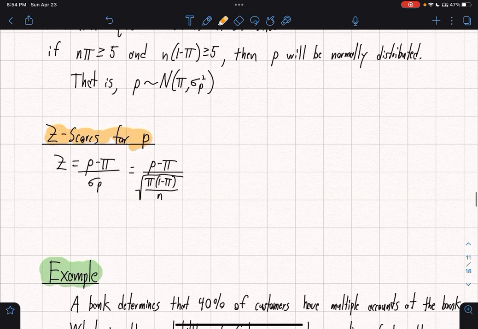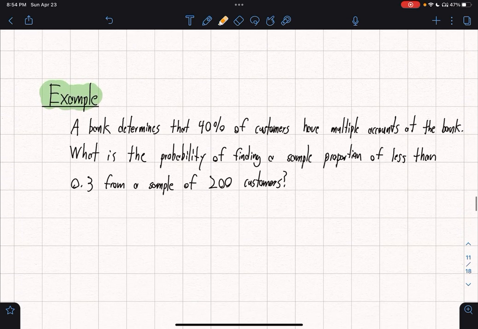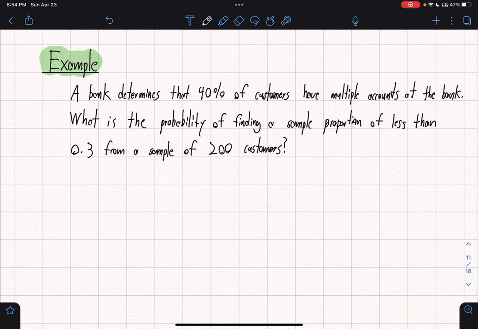Okay, so let's do an example. A bank determines that 40% of its customers have multiple accounts at the bank. What is the probability of finding a sample proportion of less than 0.3 from a sample of 200 customers? Let's note a couple of things. First off, the sample size n is equal to 200.